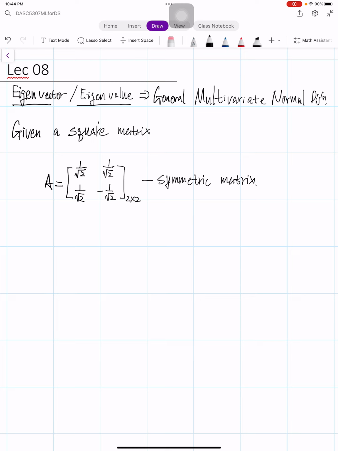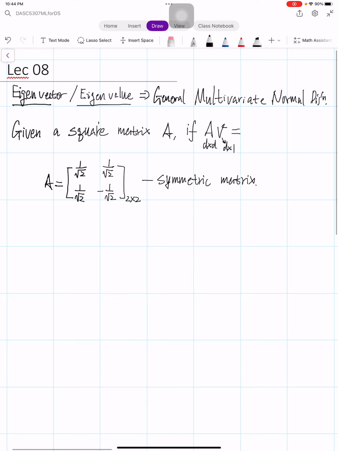So given a square matrix A, if we have A times a vector nu, this A is a D by D matrix, and this nu is a D by 1 vector.